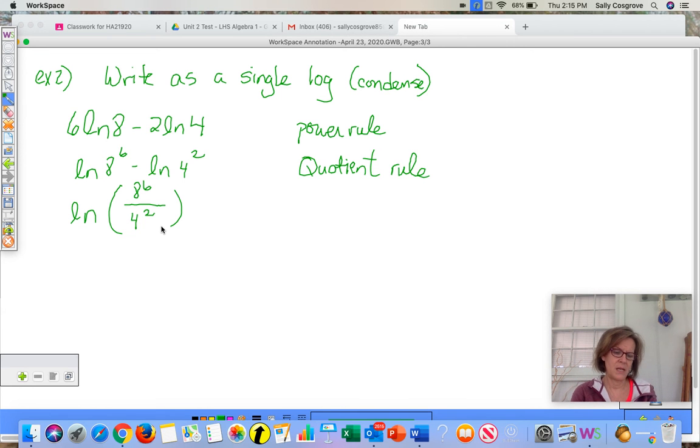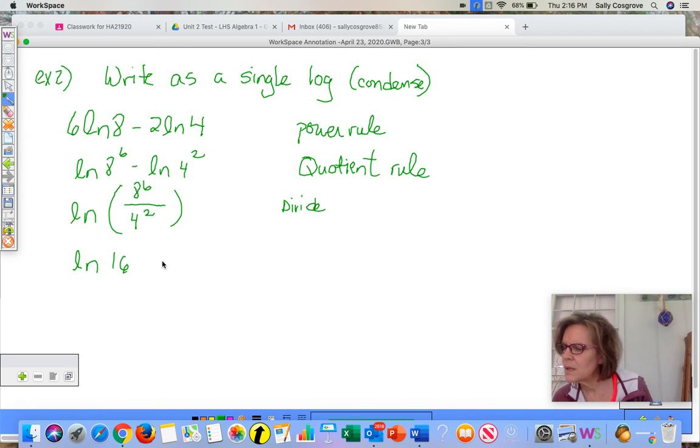So on here you would say what? 8 to the 6th, which is 262,000 and change, divided by 4 squared, which is 16, and we get 16,384. So you could do it that way. In other words, just divide inside the argument right here, and you would get the natural log of 16,384.